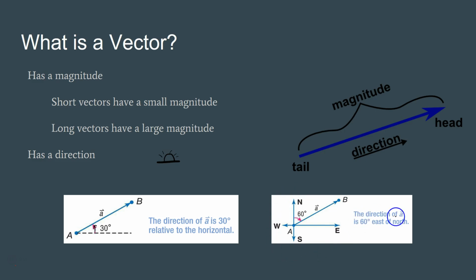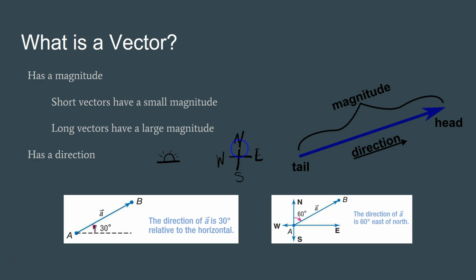Next, we have the example here. This one is saying the direction of vector A is 60 degrees east of north. When we're trying to remember direction, I'm going to put them up here and I'll explain it. You can always remember your directions as never eat soggy waffles.